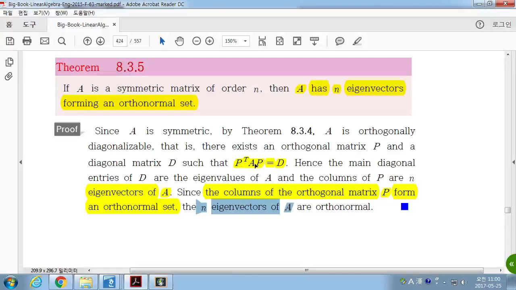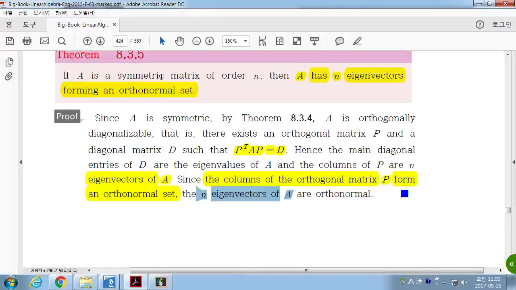Since P transpose AP is equal to D, these orthonormal column vectors are all eigenvectors of A corresponding to the eigenvalues in the diagonal entries of diagonal matrix D in order. So this is also a very nice property. Whenever you have a symmetric matrix, then you have n orthonormal eigenvectors.